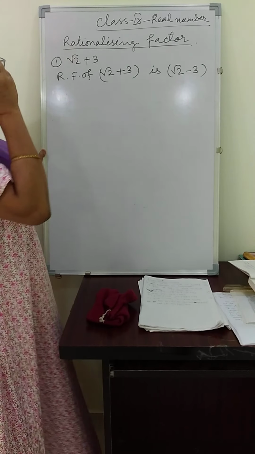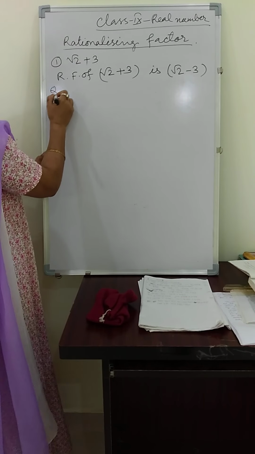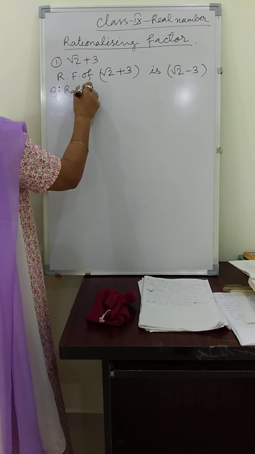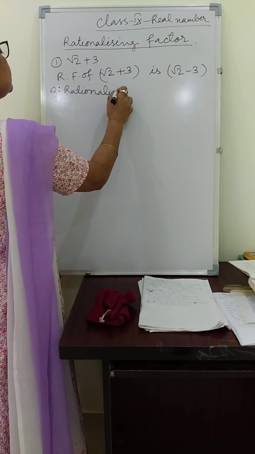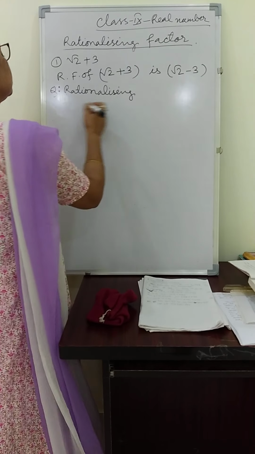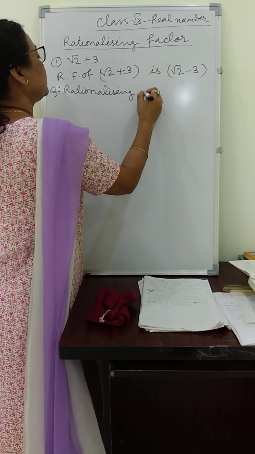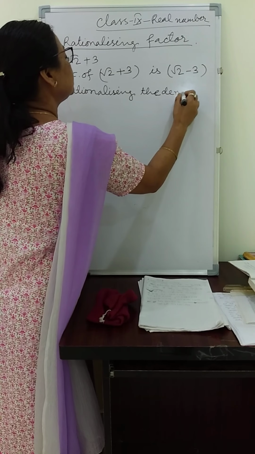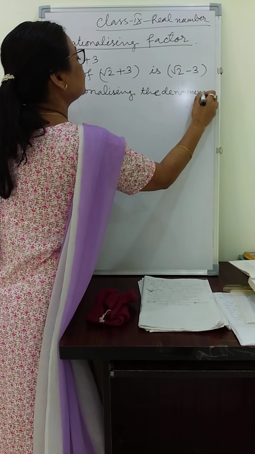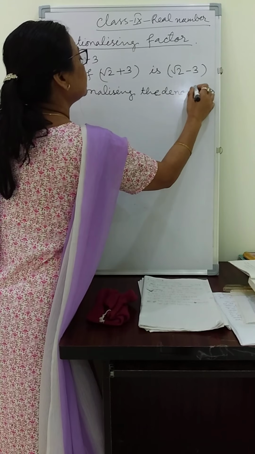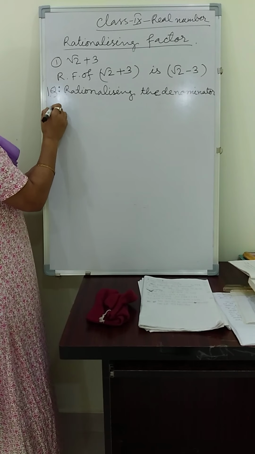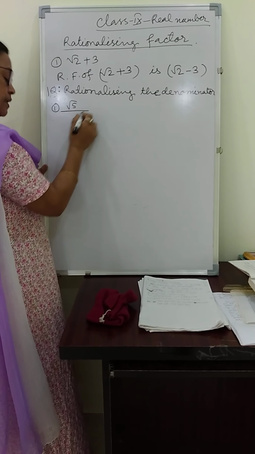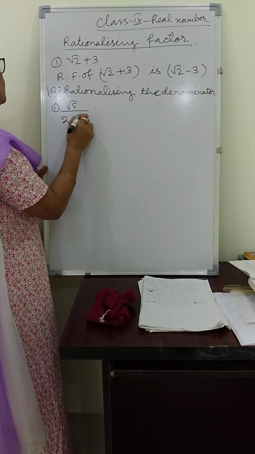Rationalizing the denominator. The question is: simplify by rationalizing the denominator. Question number 1, you are given root over 5 by 2 root over 3.